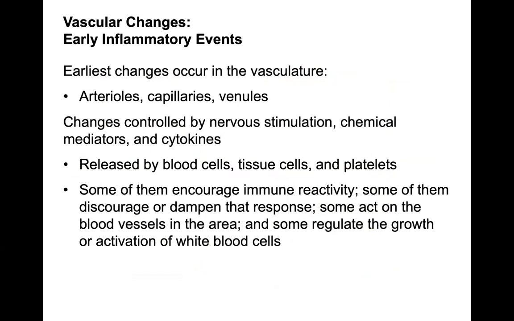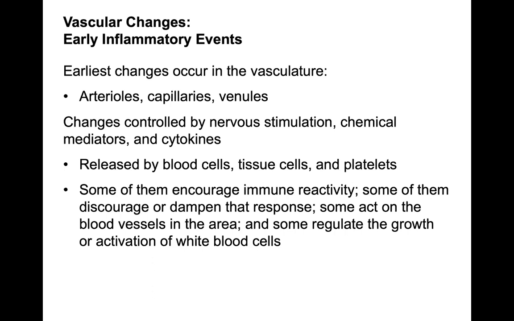Earliest changes occur in the vasculature during inflammation. The arterioles, capillaries, and venules, you'll see vasodilation. Changes are controlled by nervous stimulation and chemical mediators. These are released by the blood cells, tissue cells, and platelets. And some of them encourage immune reactivity. Some of them discourage or dampen that response.